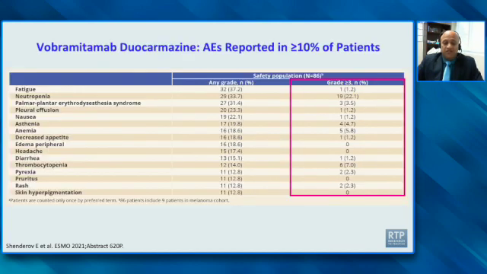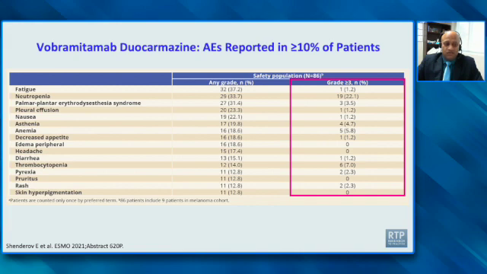And here are the particular adverse events with this B7-H3 ADC. As you can see, fatigue, but really cytopenias are the bigger ones with this ADC: neutropenia, anemia, thrombocytopenia. The rest are all related to the cytotoxin, the payload.